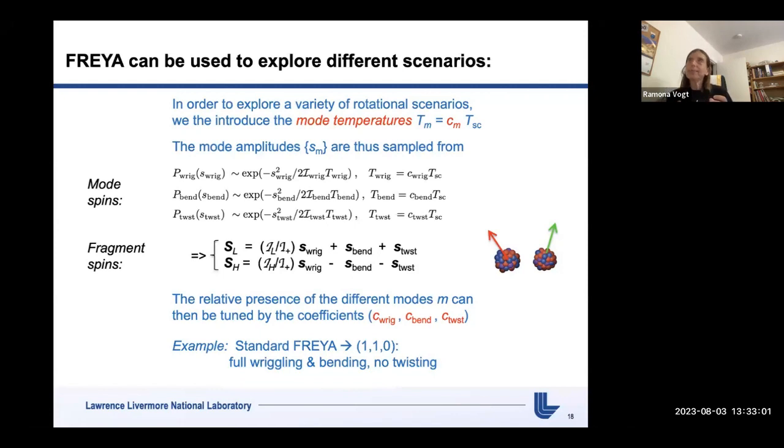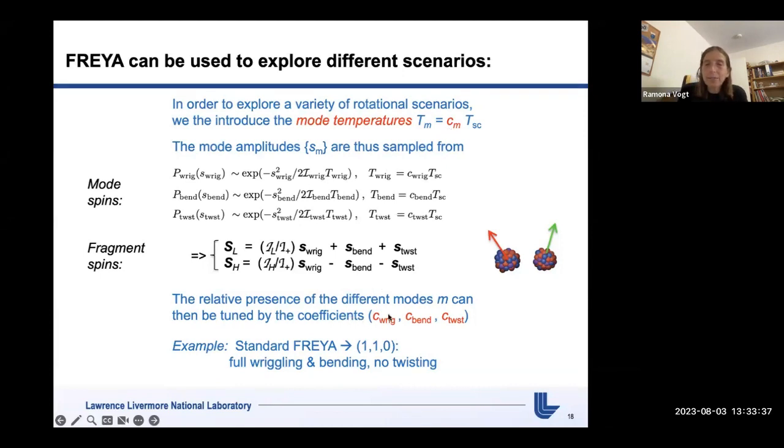One of the things I didn't mention when I talked about the various parameters was that we have one parameter that basically sets the number of photons Freya will let get emitted from the fragments, and that's what we call CS. It multiplies the fission temperature. What we're doing in some of the studies we've done now is to make that a vector.